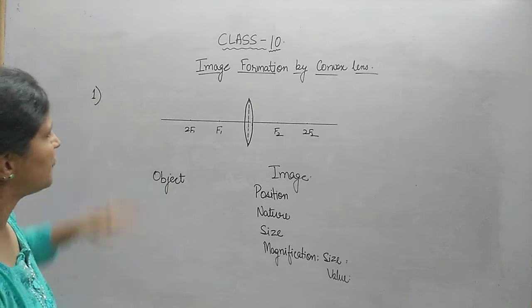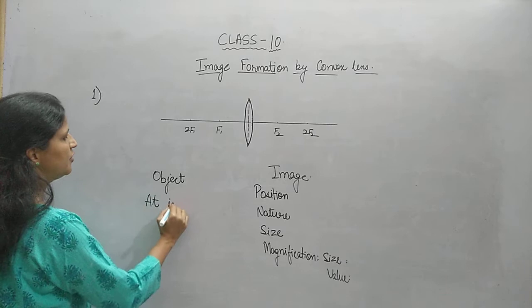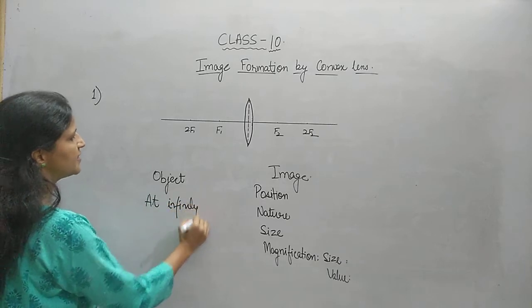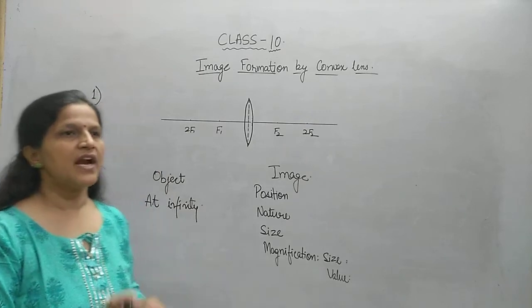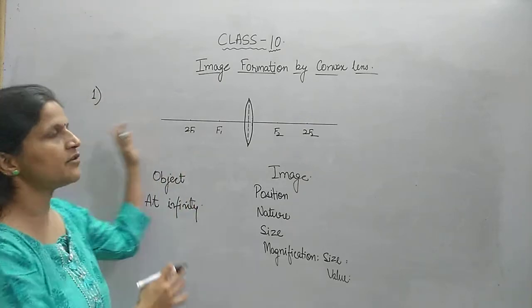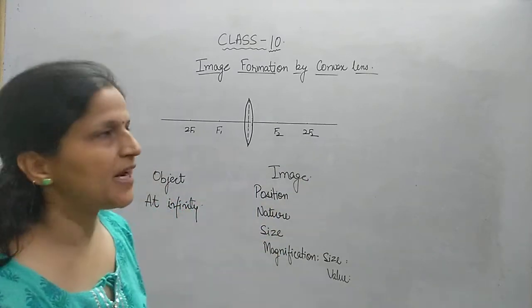So first of all, we are keeping the object at infinity. As you know, infinity is a very large distance as compared to the radius of curvature of the mirror or lens, and from that very distance, if the rays of light fall on the lens, then they come parallel to the principal axis.